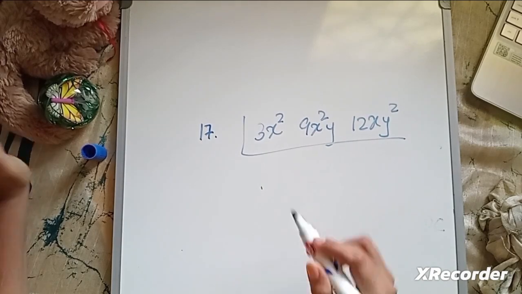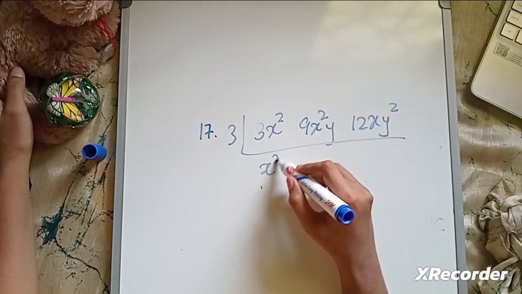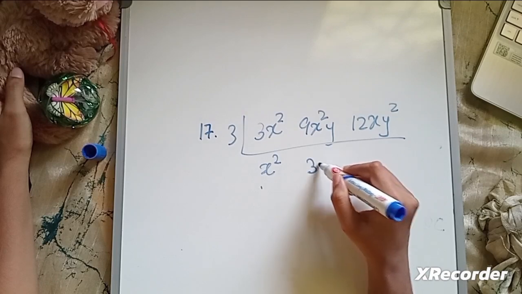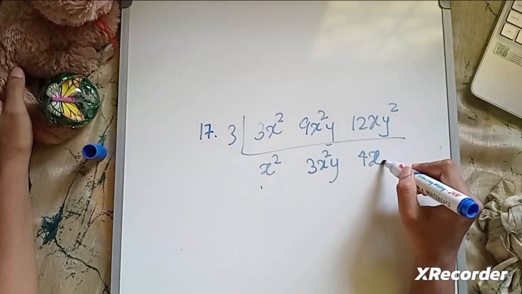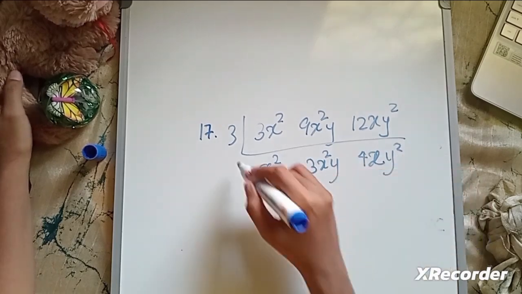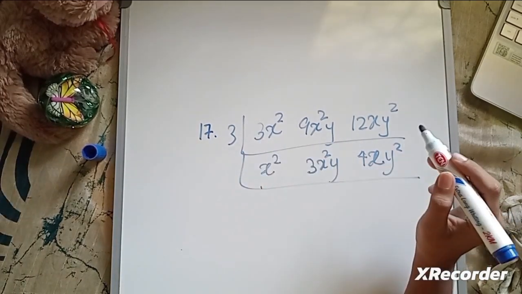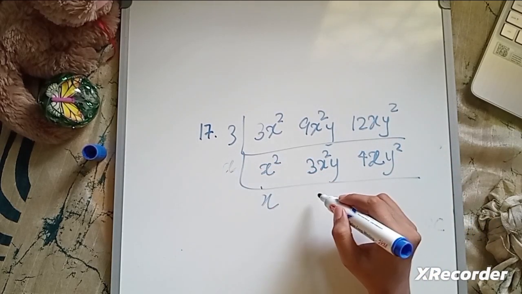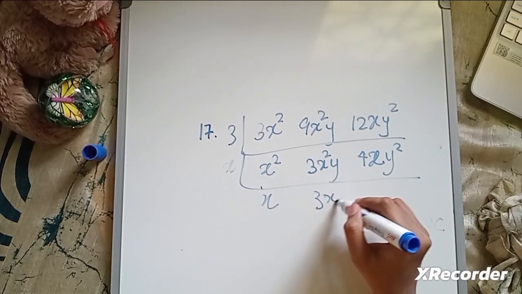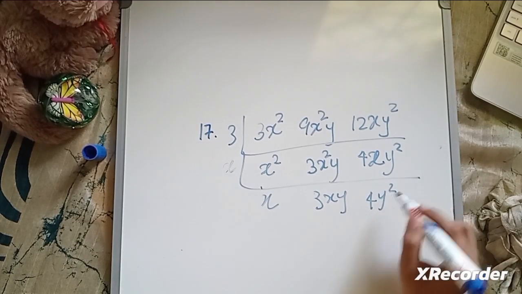Then we can divide this by 3. x squared, 3x squared y, 4xy squared. Then we can divide this by simply x. 3xy and 4y squared.